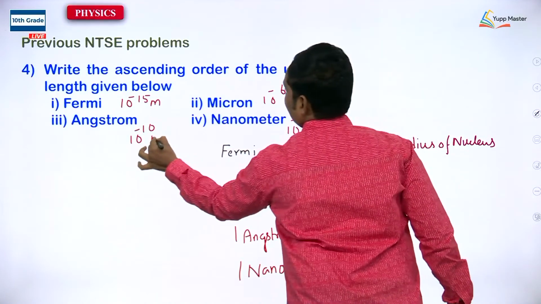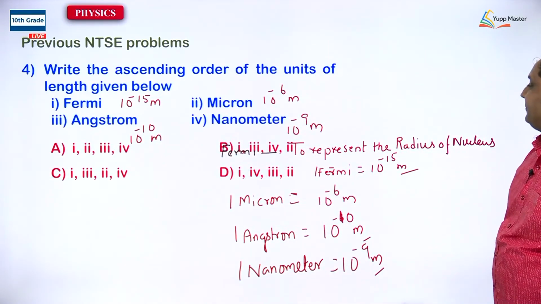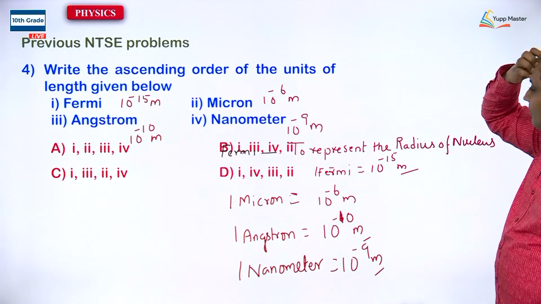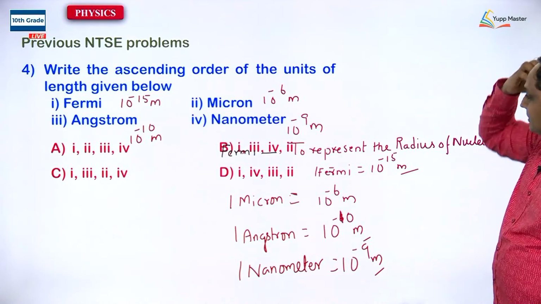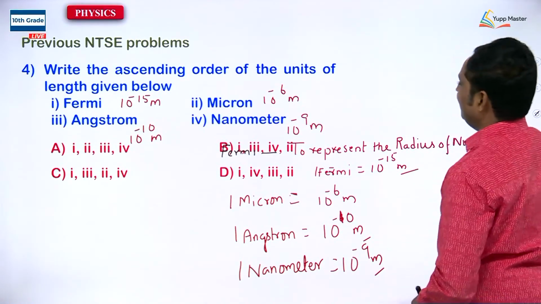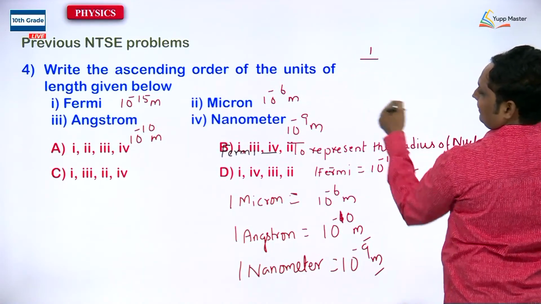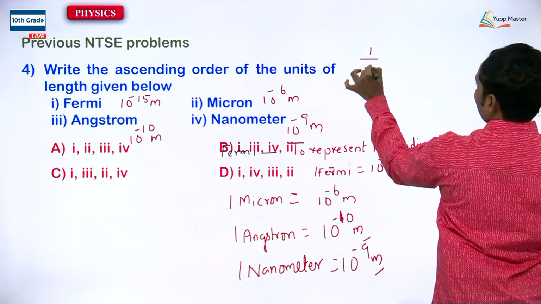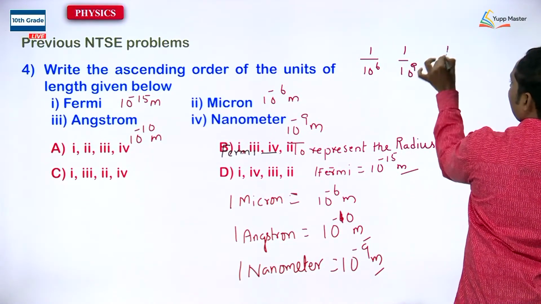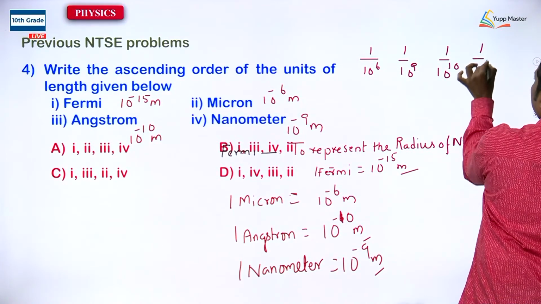We have taken one, very clear. What are the options? You just have to see. It is easy for you, just take the values: 1 by 10 power 6, 1 by 10 power 9, 1 by 10 power 10, 1 by 10 power 15.